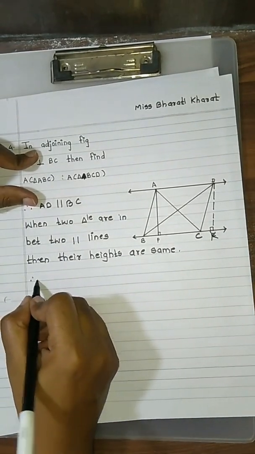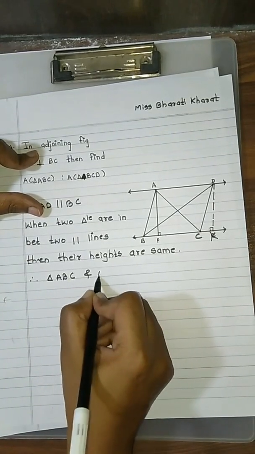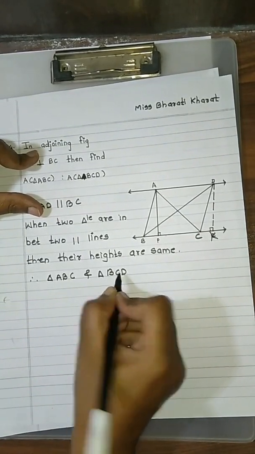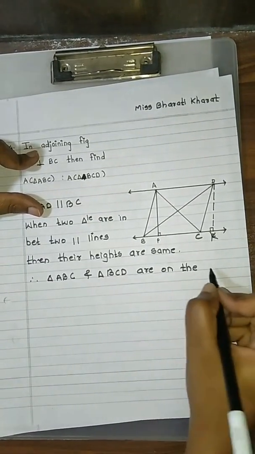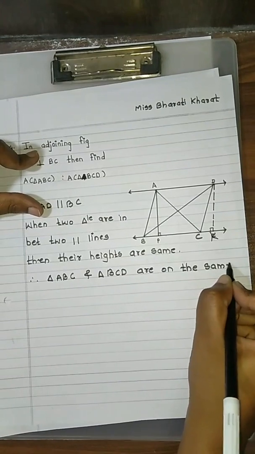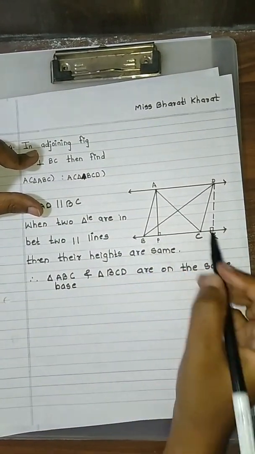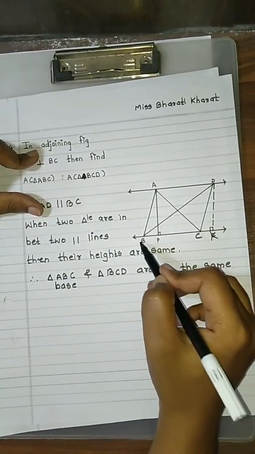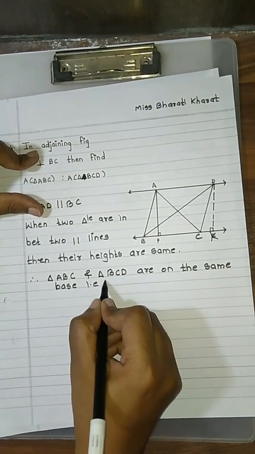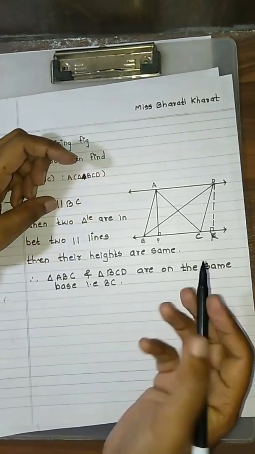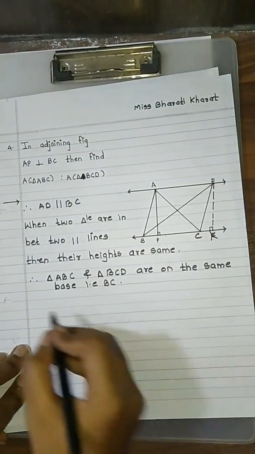Therefore triangle ABC and triangle BCD are on the same base, that is BC. You can see ABC and BCD have same base, that is BC. And as they lie between two parallel lines, therefore their height is same.